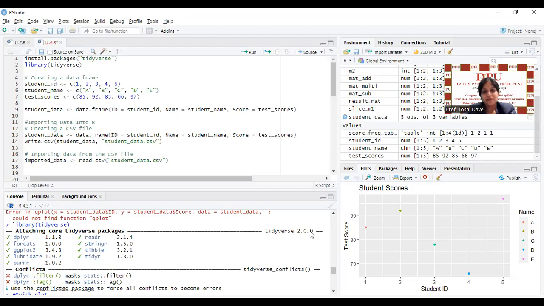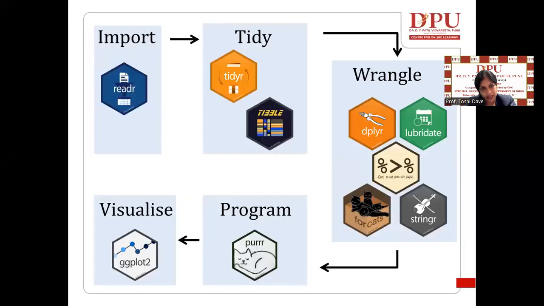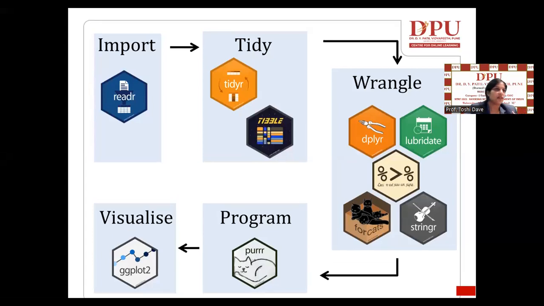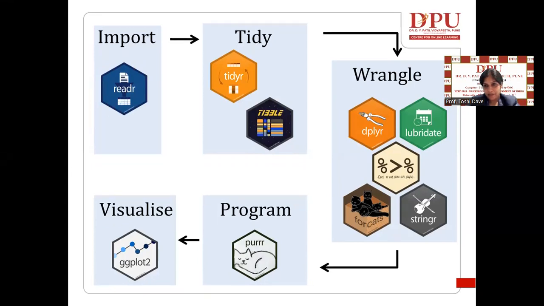Clear? So coming to this diagram again, see, what we do generally in data analysis is, the very first thing, we import the data set. Clear? So while importing the data set, we can use readr. To clean the data set, we can use tidyr or tibble.